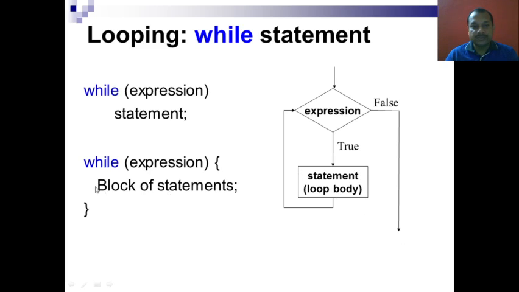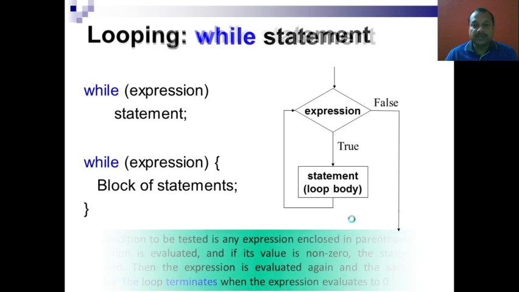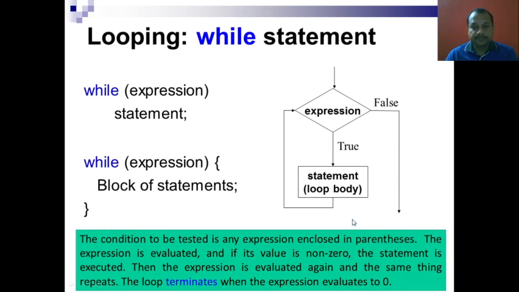After the execution of the statement or statements is over, control will always go back to this expression. The expression will be evaluated again, and if it is false, then it will come out. If it is true, then it will go to execute the statements again.